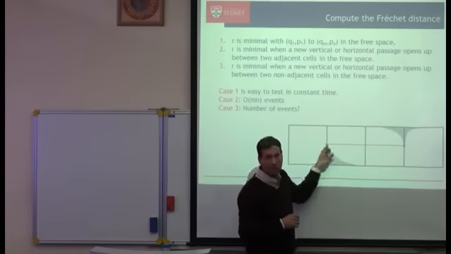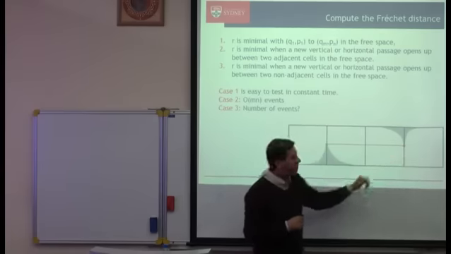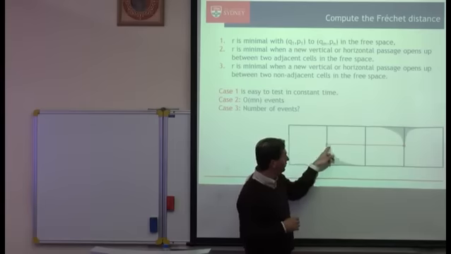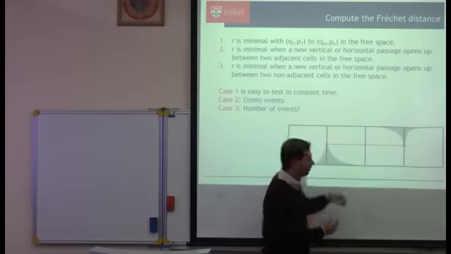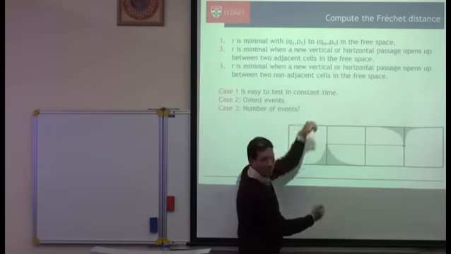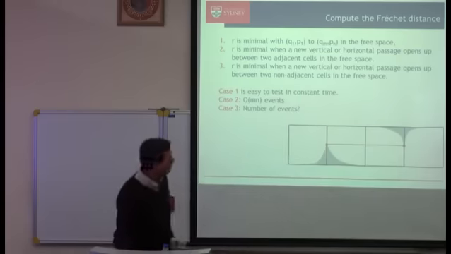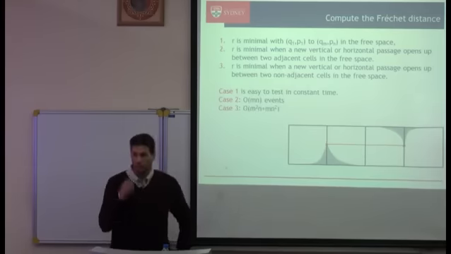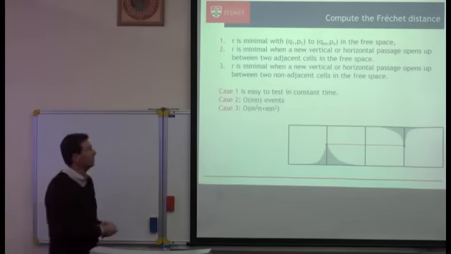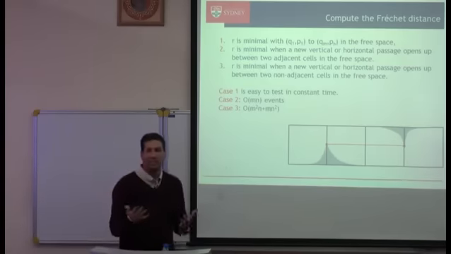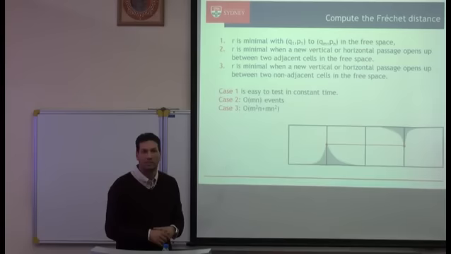Well, I could have all of them. So I have nm of these, and it can happen that I have n of these. And of course, I could have the same on the other side. So the number of events is m squared n plus m n squared. Of course, this is huge. So this is not really a very good result.